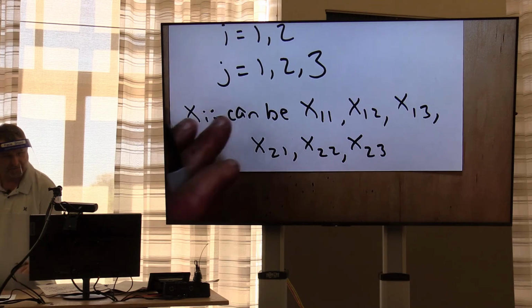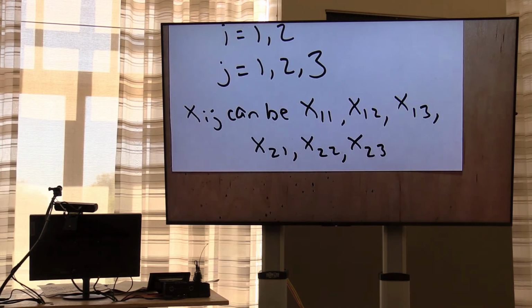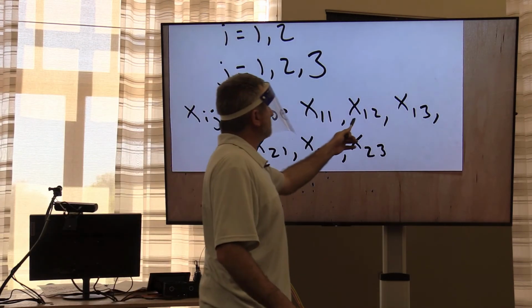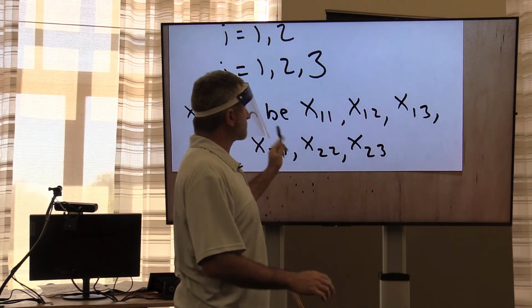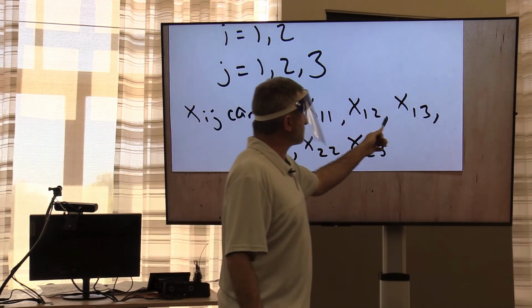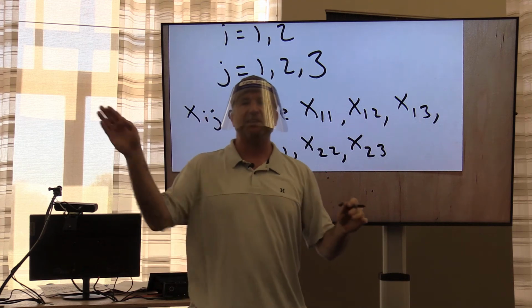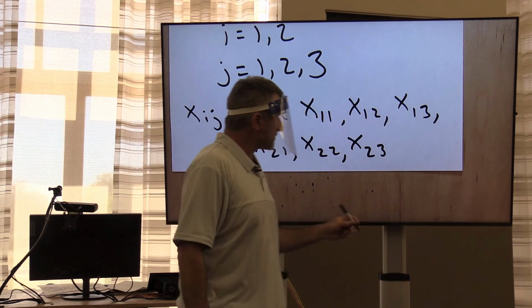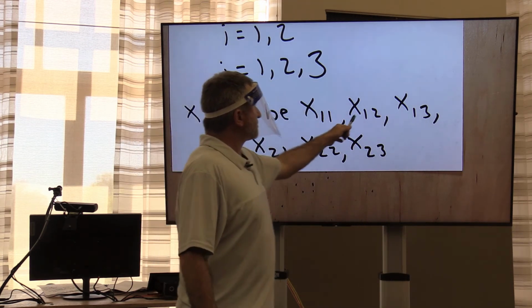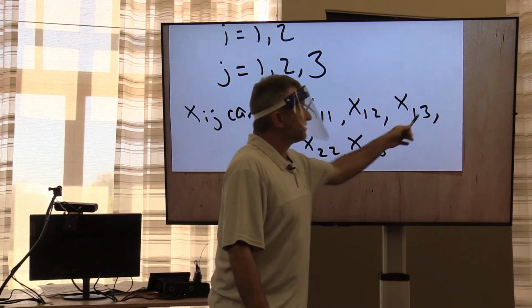Think of it this way. What we're saying is that for supply site 1, x11 plus x12 plus x13 has to be less than or equal to S1. And so there, the 1 was held constant and the J's went from 1 to 3.